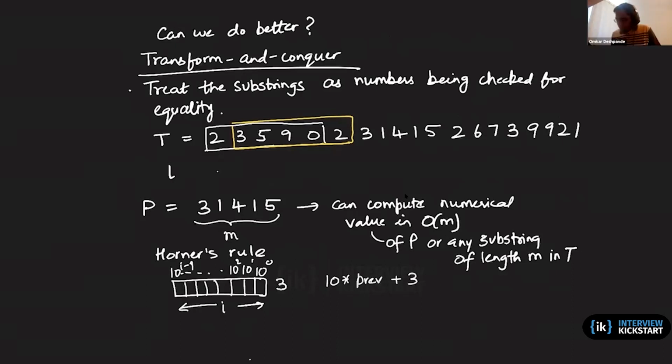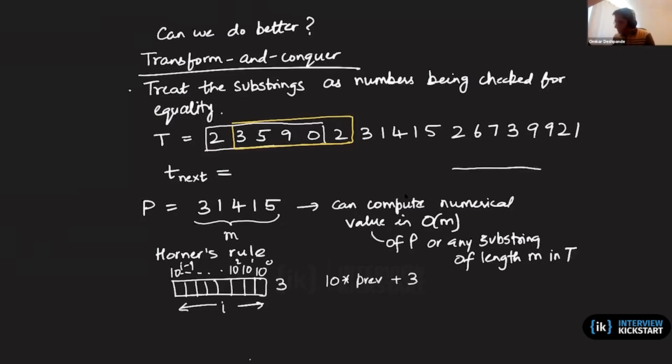The numerical value of the next window can be computed from the numerical value of the previous window by taking the numerical value of the previous window and discarding from it the numerical value of its leftmost digit. So what is the numerical value of the leftmost digit?